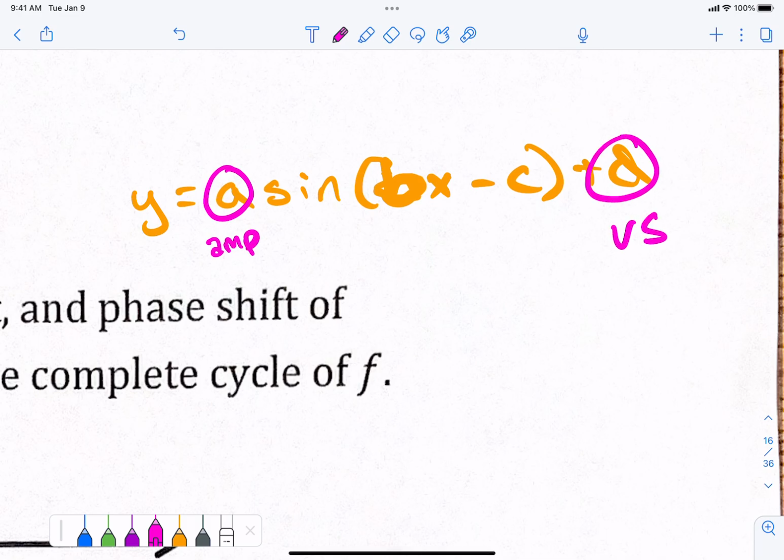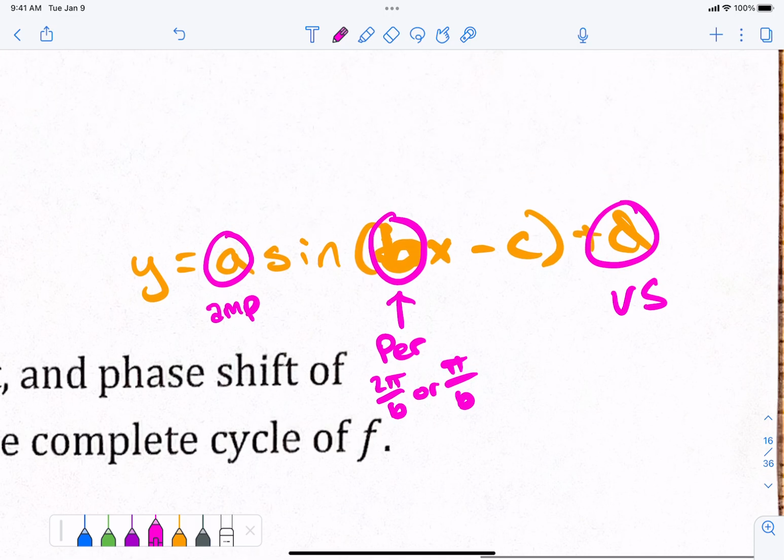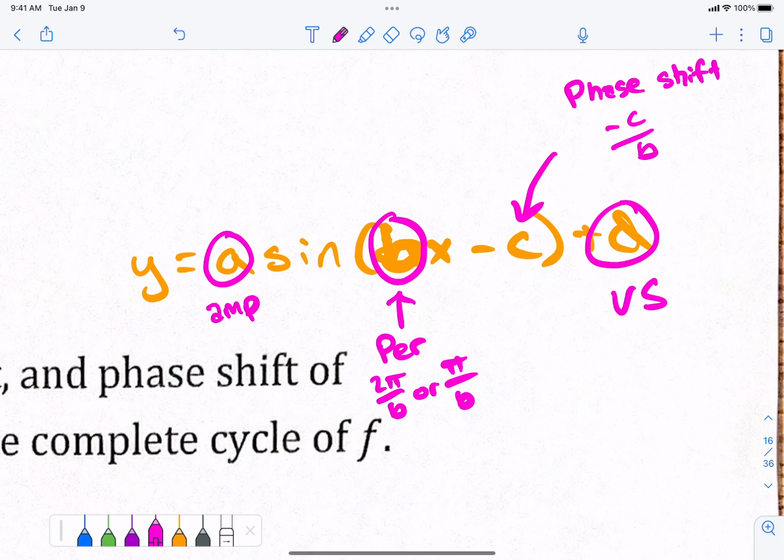What does B tell you? B finds the period, and you have to do 2 pi over B, or pi over B if it's tangent, to find the period. This one tells you the phase shift, or the horizontal shift. And it's not just C, it is negative C over B that is your phase shift.